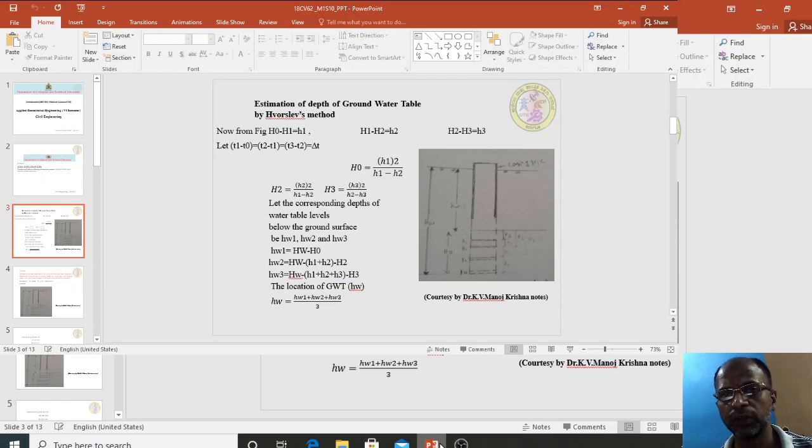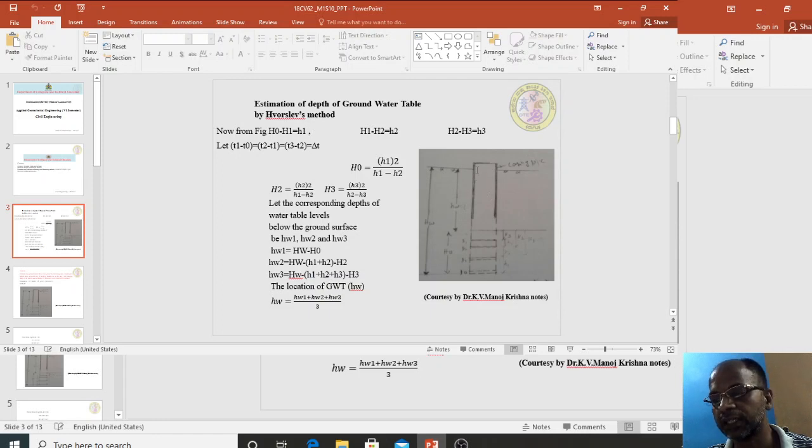So, in order to explain this method, Hvorslev has given some procedure. As per that procedure, we are conducting this test in the field. Suppose I want to find out a constant water table. First, we have to make a borehole up to the critical depth and insert the casing.